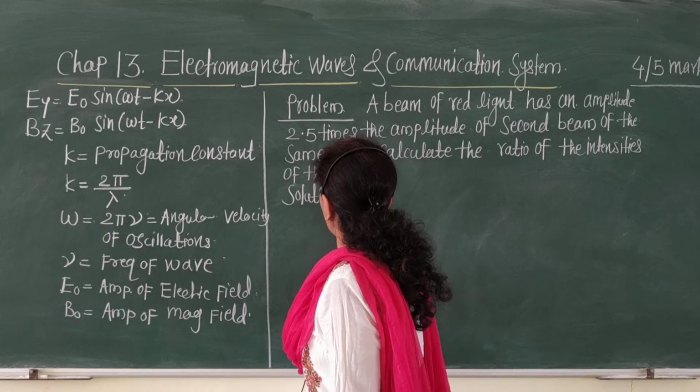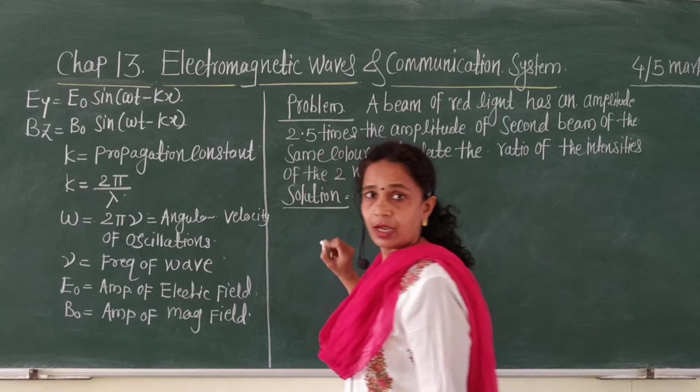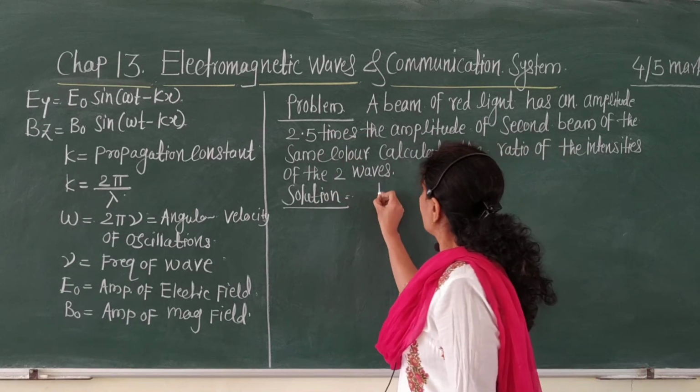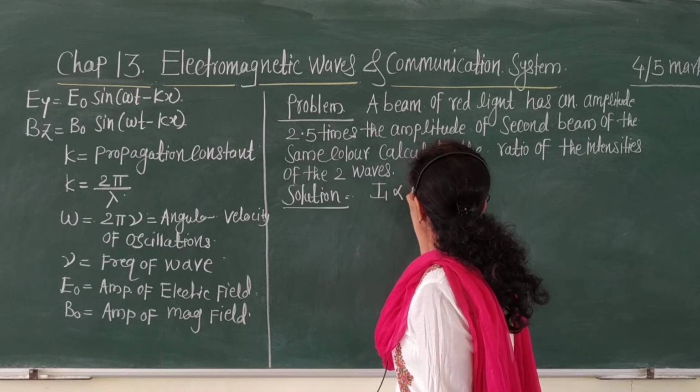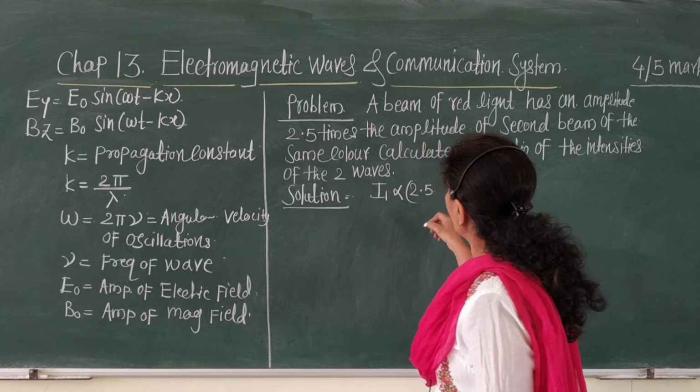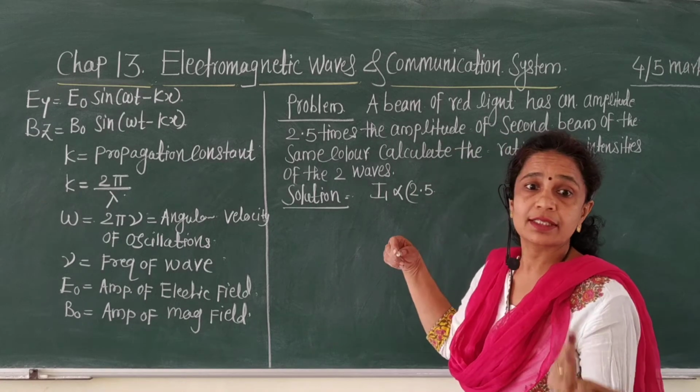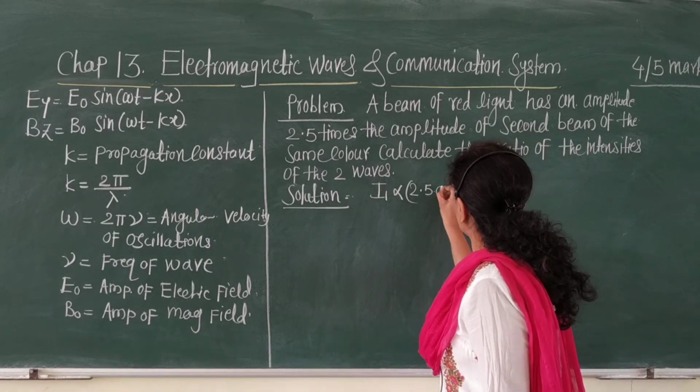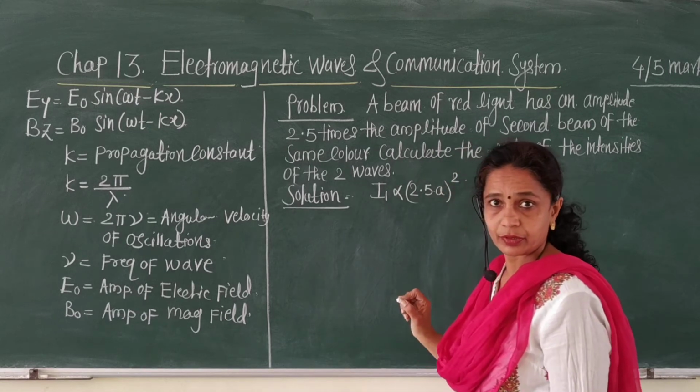Therefore, in the solution, we are given that I1 is directly proportional to 2.5 times the amplitude of the second wave, squared, that is (2.5 a) squared.